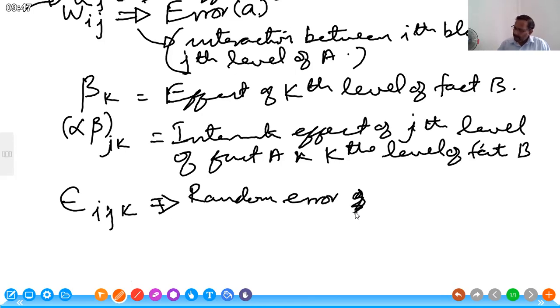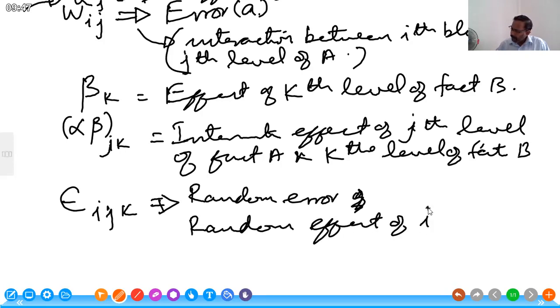We call it the random effect of ith block, jth level of factor A and kth level of factor B.